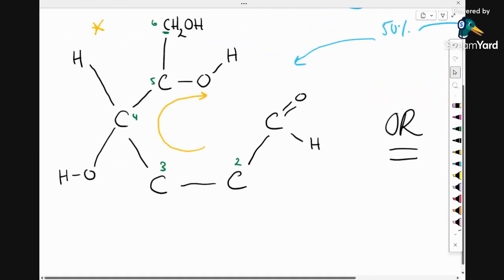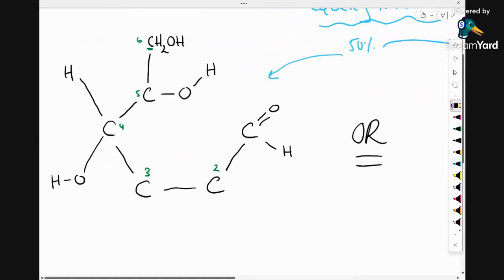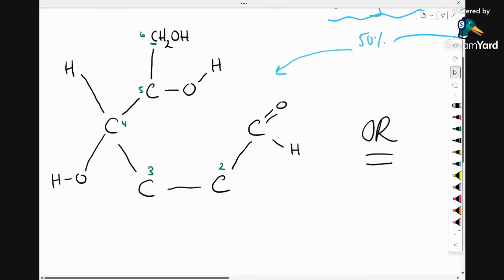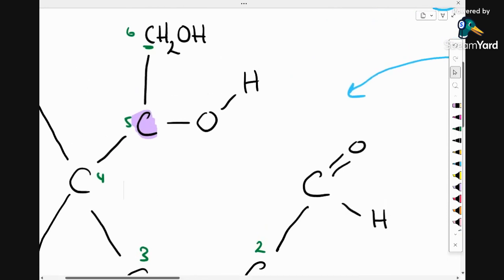So let's look at what happens. We're going to use this one as an example where we're rotating clockwise. Carbon 5 is really important. And I mentioned at the start, there's lots of oxygens in the structure of glucose. So don't forget this is glucose. And we're going to focus on, as I mentioned, carbon 5, and specifically the hydroxyl group that is attached.